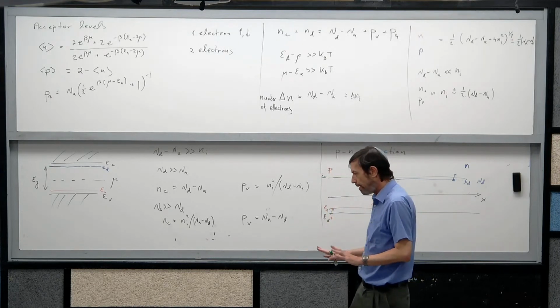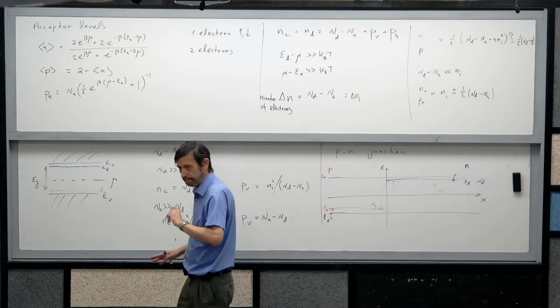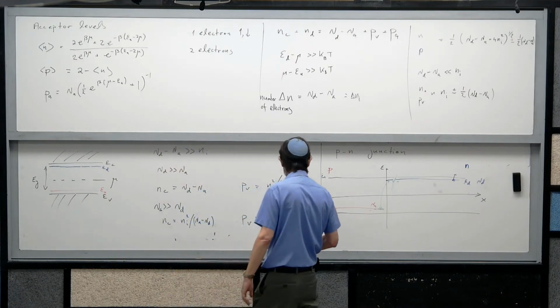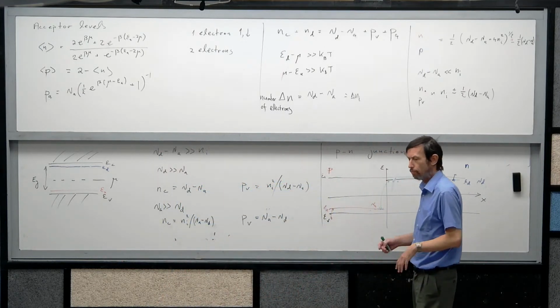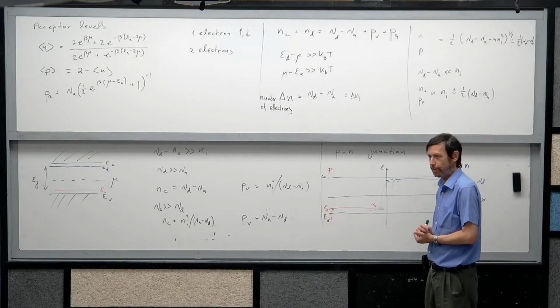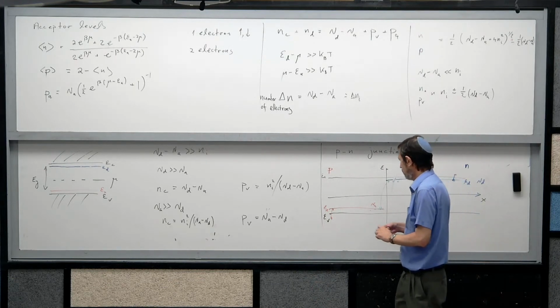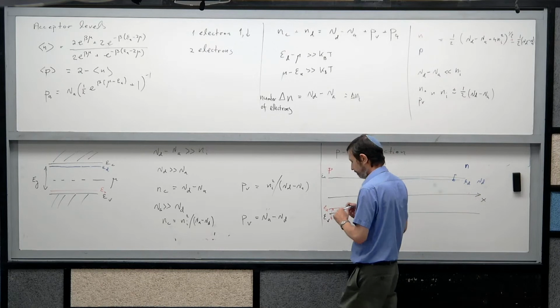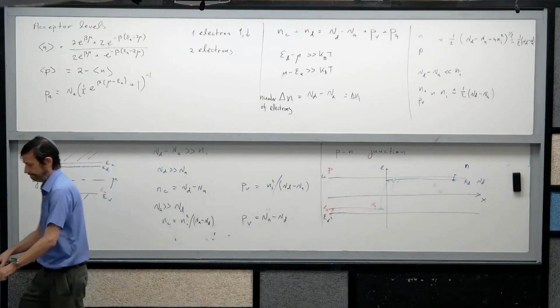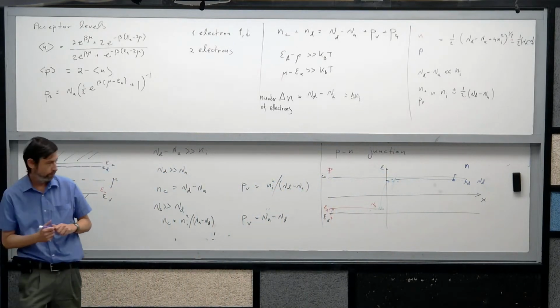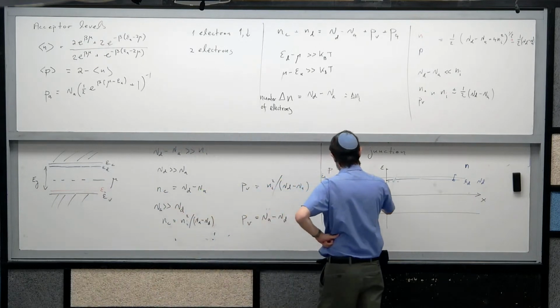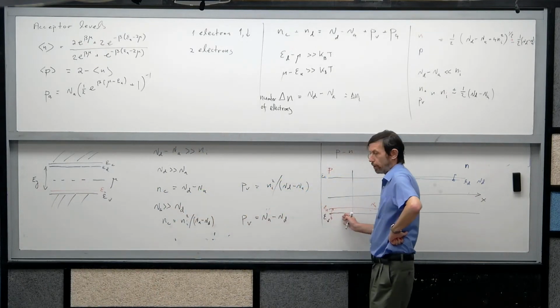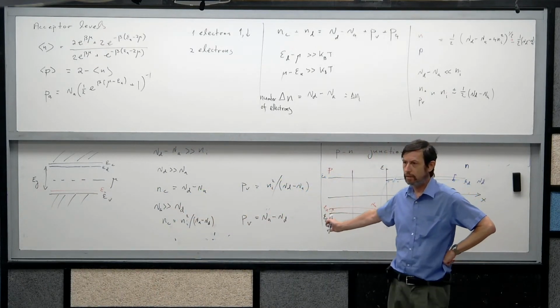So, very crudely, I'll have here four different regions. One region is from infinity till here.